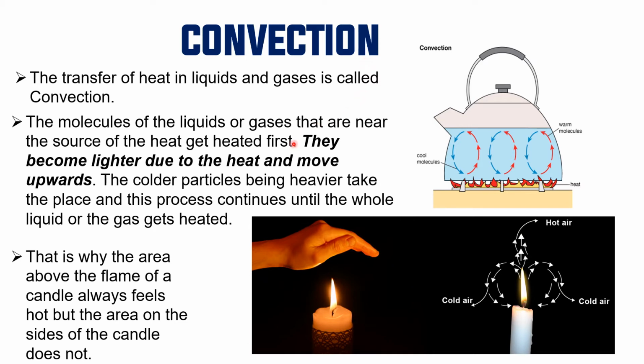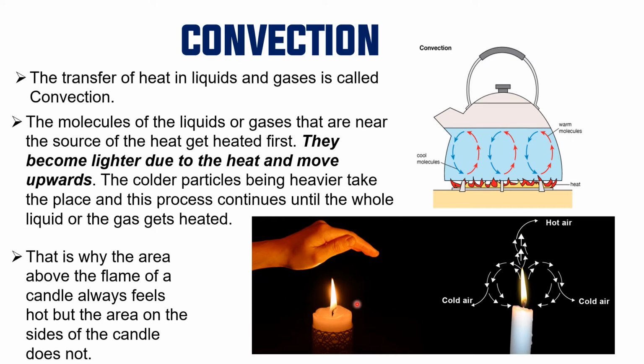That is why the area above the flame of a candle always feels hot, but the area on the sides of the candle does not. Here in this picture is a burning candle, and when we keep our hand above it, we feel the heat very well. But when we keep our hand at the sides of the flame, we cannot feel it like that.